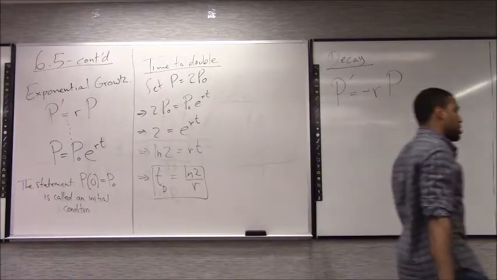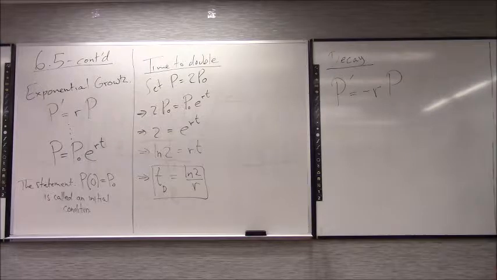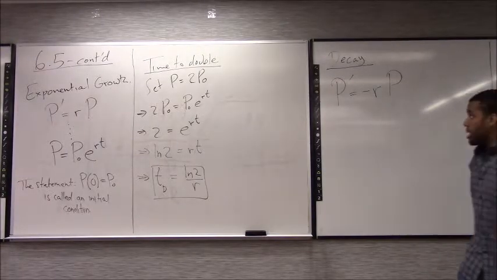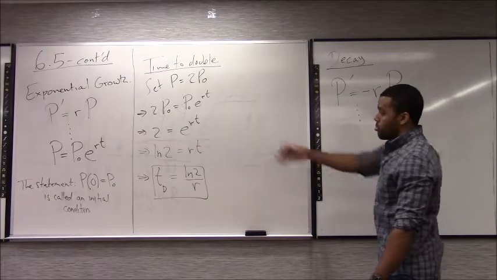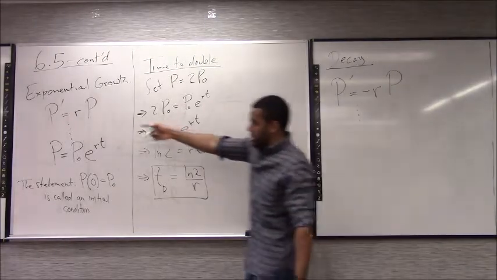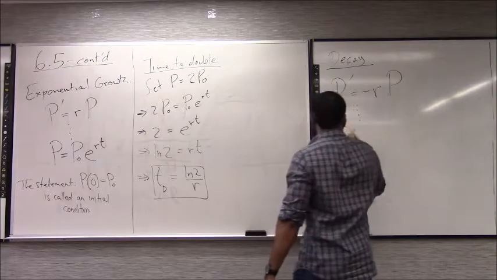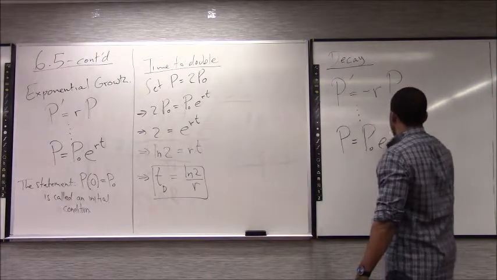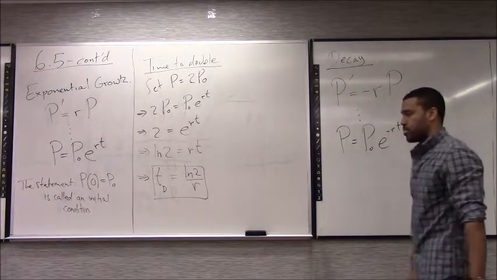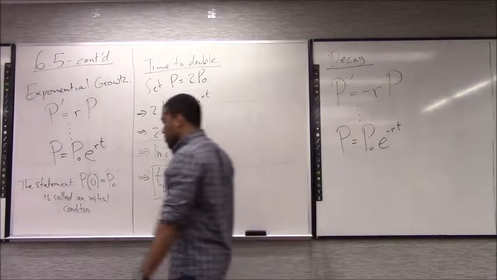It tells you the percentage change. But if you make the rate of growth negative, it will now decrease. And you can go through exactly the same process to solve this one, and you end up with P equal to P naught e to the minus rt.